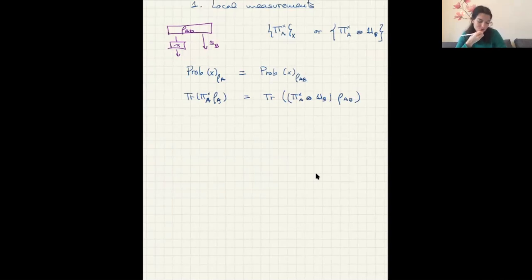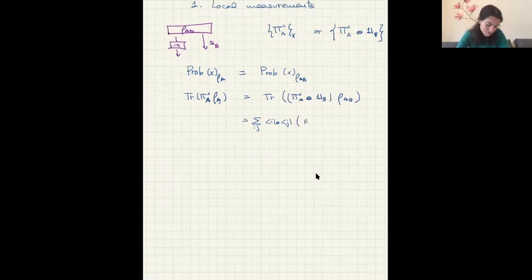Okay, so now one way to solve it is to just replace this trace with what it actually does. Right. So let's do it. We need to take a basis on the two systems, a decoupled basis.